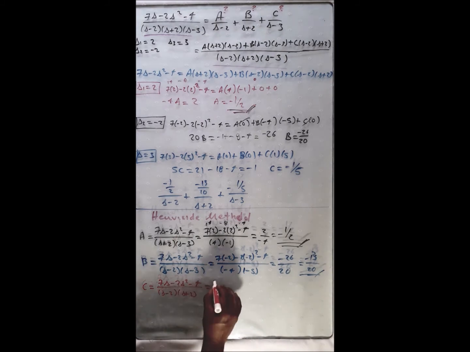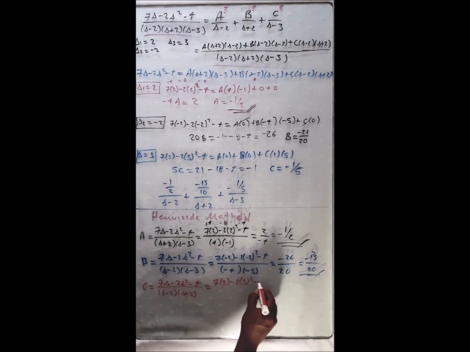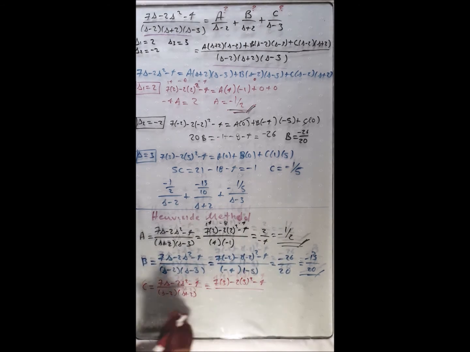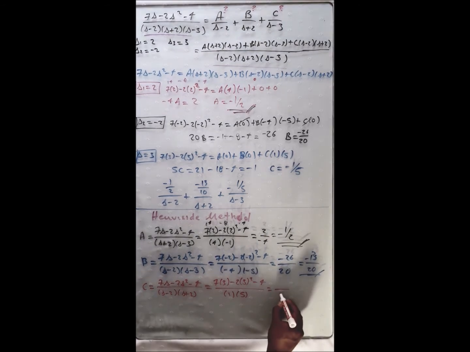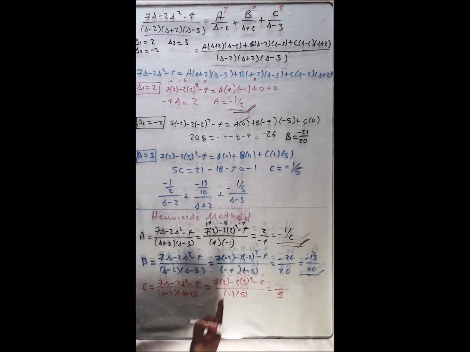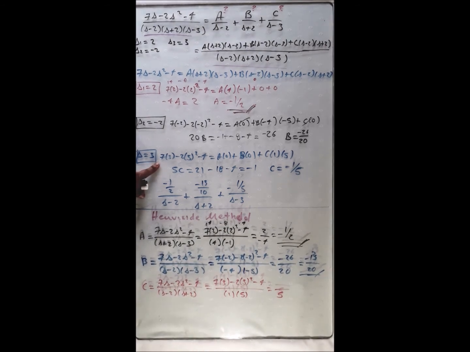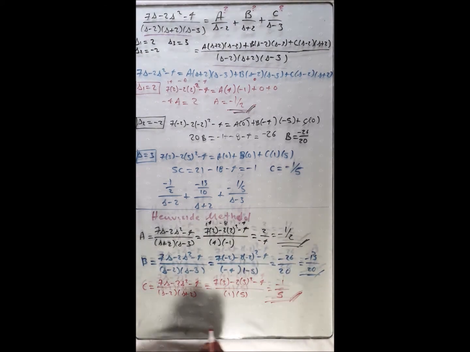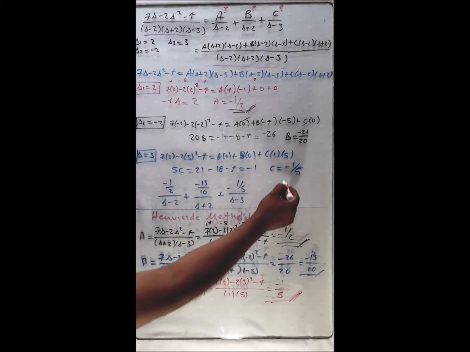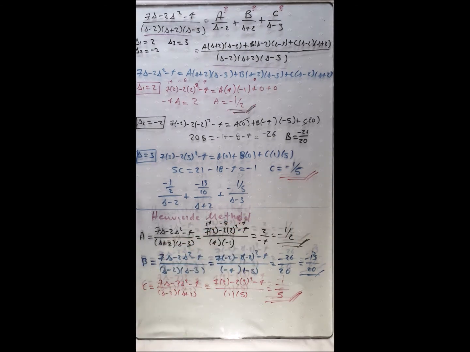So it's going to be 7 times 3 minus 2 times 3 squared minus 4 divided by, here is going to be s equal to 3. So 3 minus 2 is just 1, and 3 plus 2 is 5. So it is divided by 5, and this number is actually this very same number, so that is equal to minus 1. So it is minus 1 over 5, which is the number that we just calculated here.